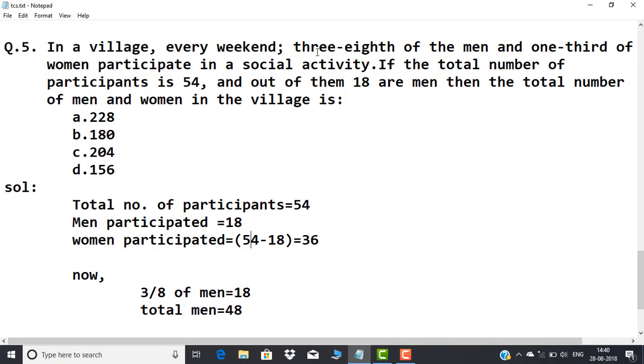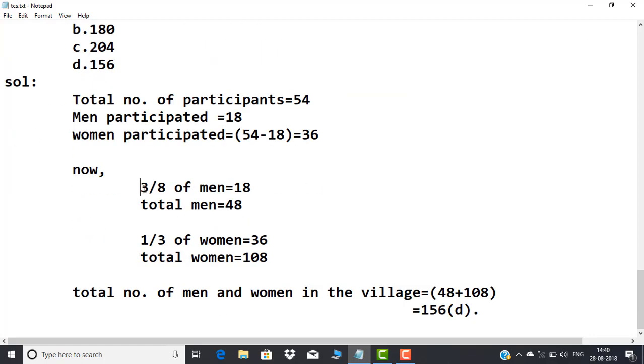Now it is already given in the question that 3/8 of the men participated, so 3/8 of the men will be equal to 18. By solving this, we get the total number of men equal to 48.